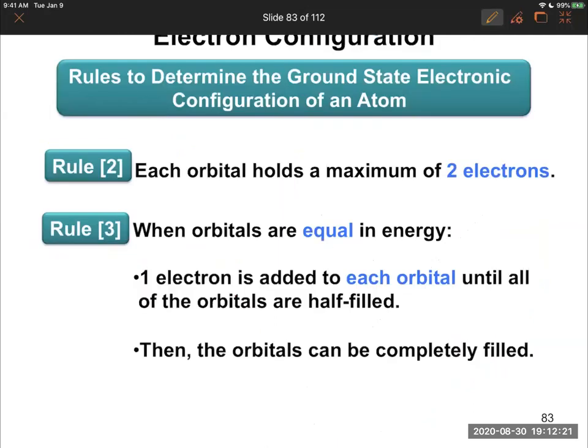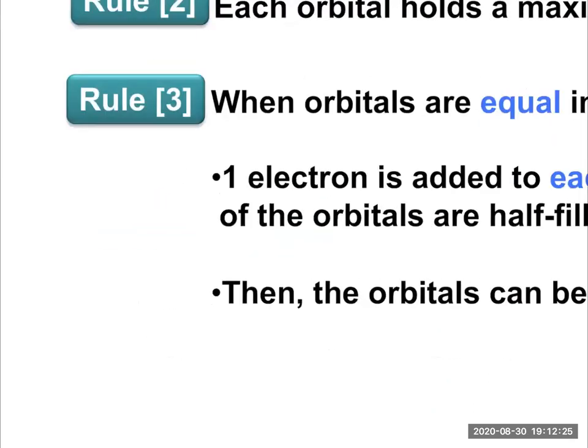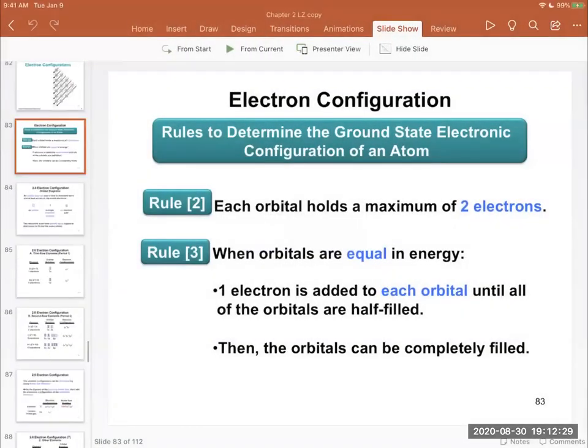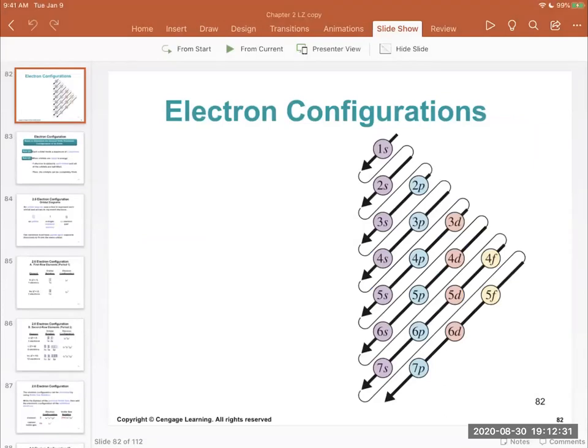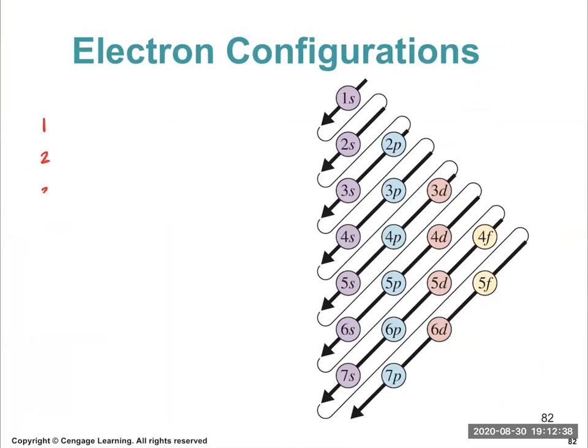You just number it. I literally do 1, 2, 3, 4, 5, 6, 7. And then I start here. I don't do 1, I just do 2, 3, 4, 5, 6, 7.